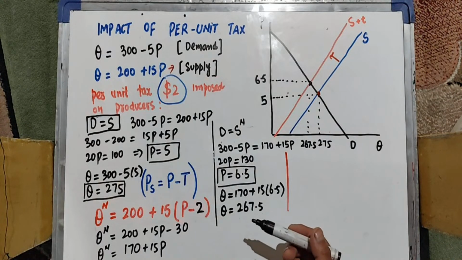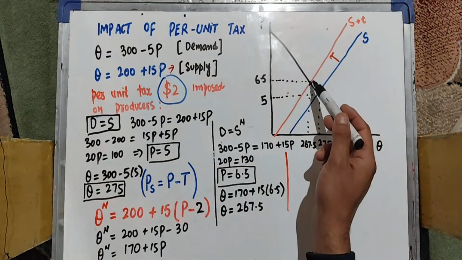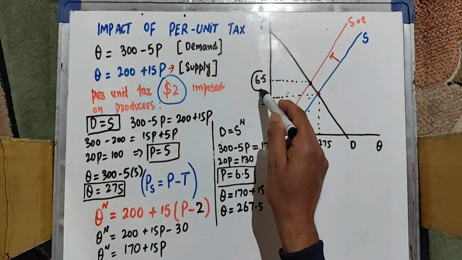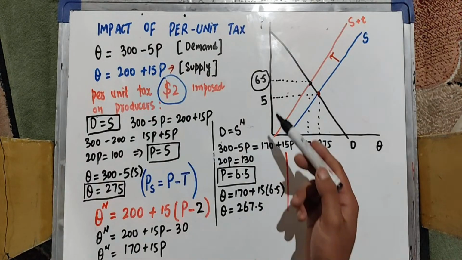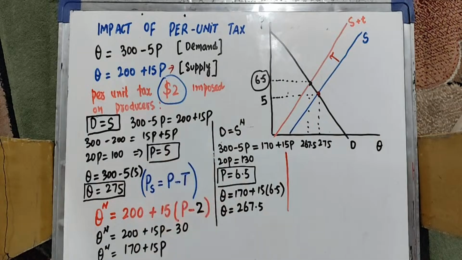So there are two ways to find out. Since we found out the new equilibrium price that the consumers are paying, which is equal to 6.5, from that if we subtract the per unit tax, we will get the amount that the sellers will receive.